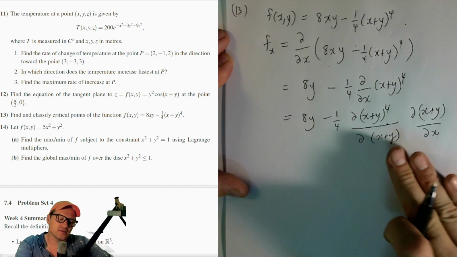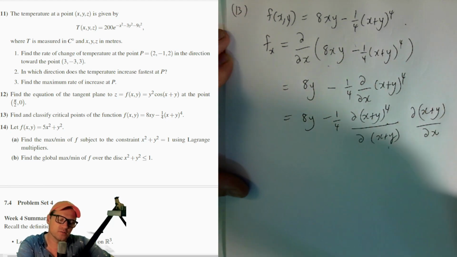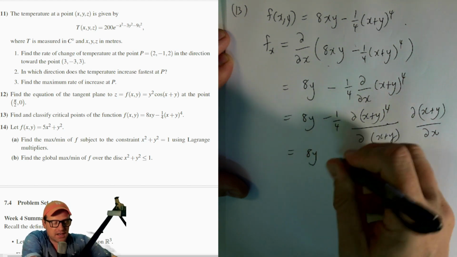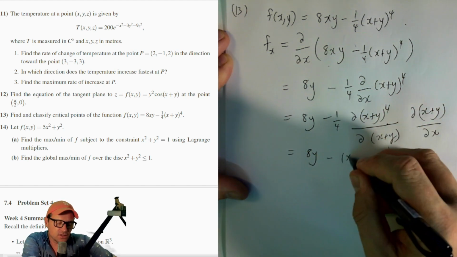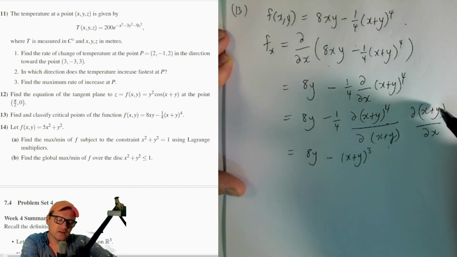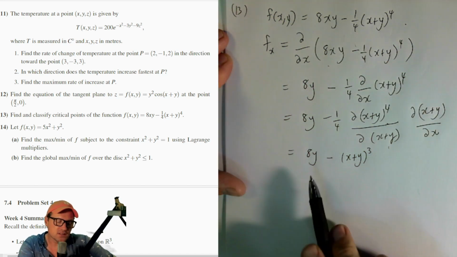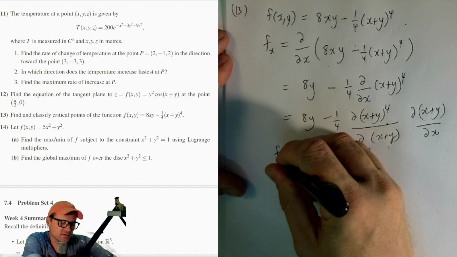The derivative of u to the 4th with respect to u is 4u cubed. So we have 8y, now 4 times a quarter is 1, so minus u, which is (x + y), cubed. And then times the derivative of x plus y with respect to x partially, which of course is just 1. So we have 8y minus (x + y) cubed. This is our f subscript x.